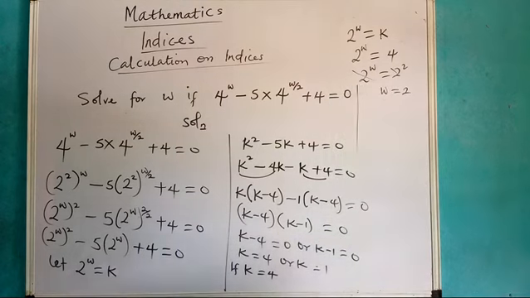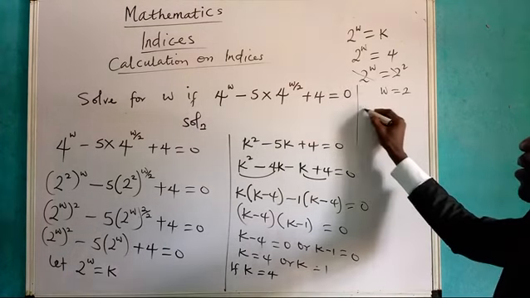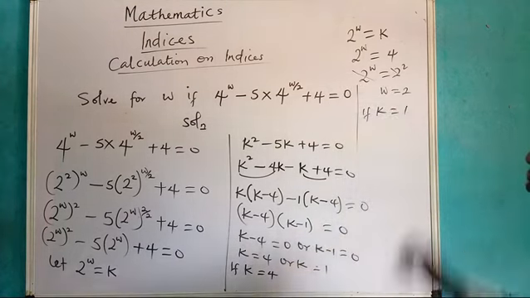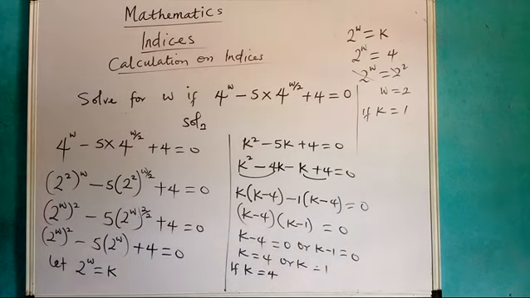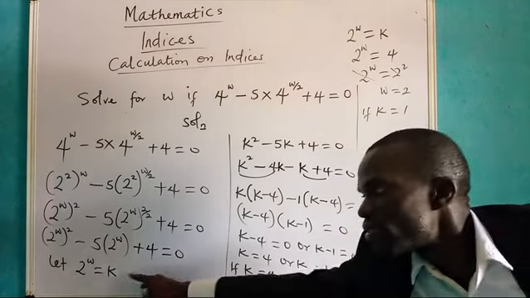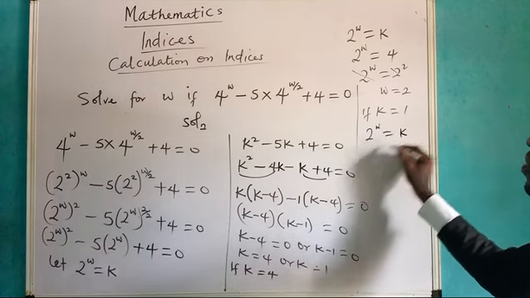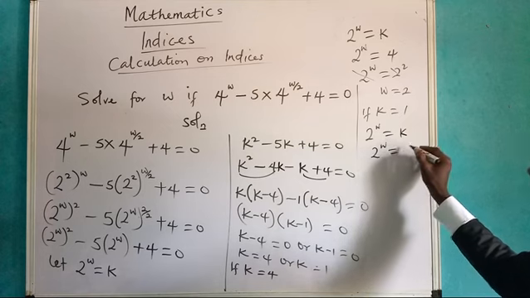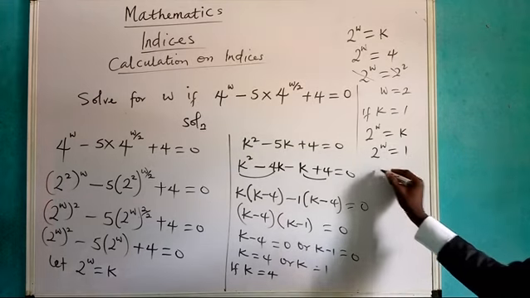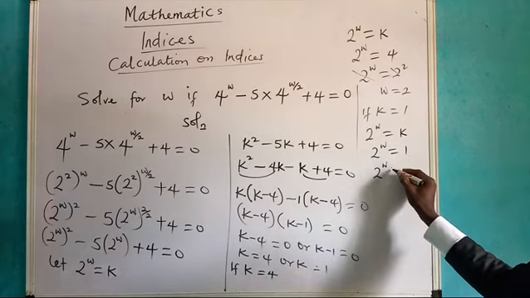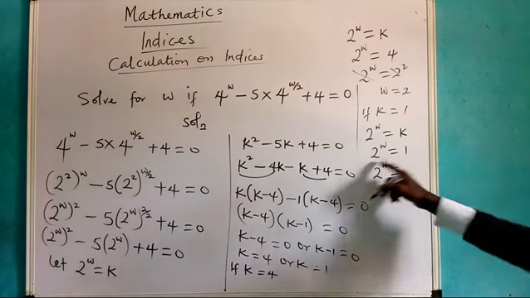Let us also say if k is equal to 1, what will happen now? How do we determine W? Still bring your mind to this very function, 2 power W equal to k. It means that whenever I have k and put 1, for this one, we don't have an equal base here.